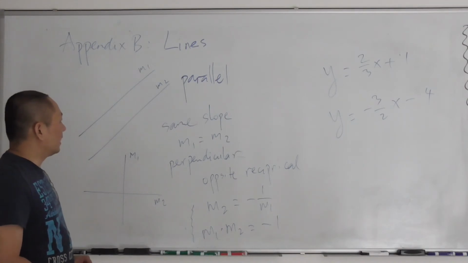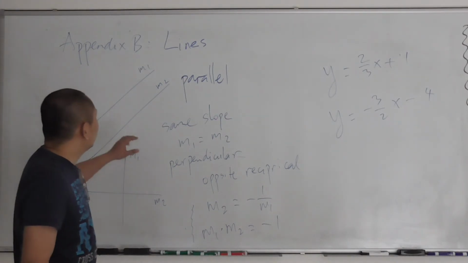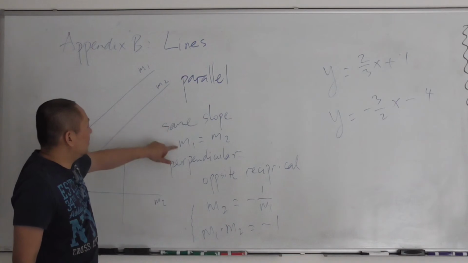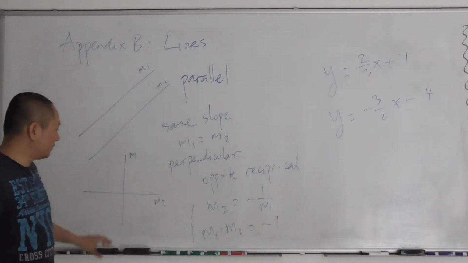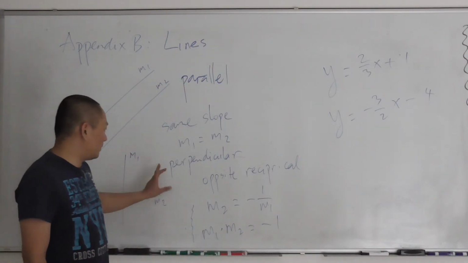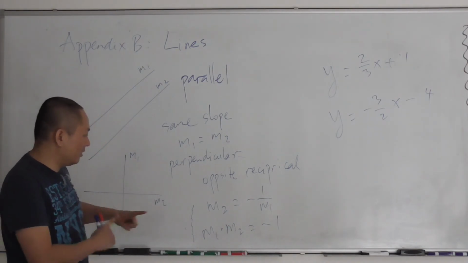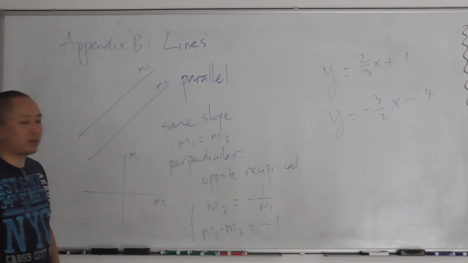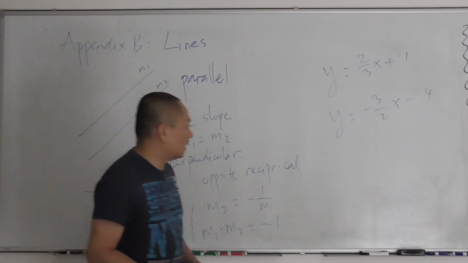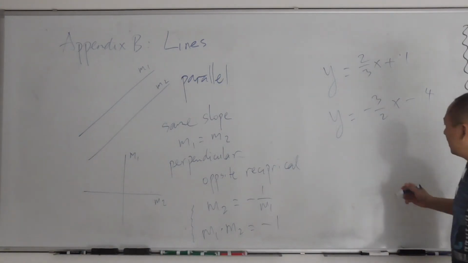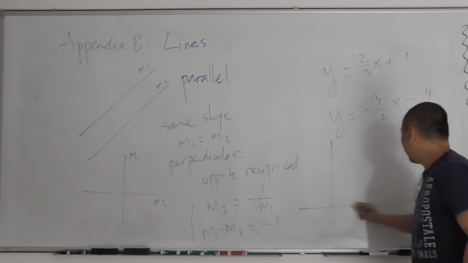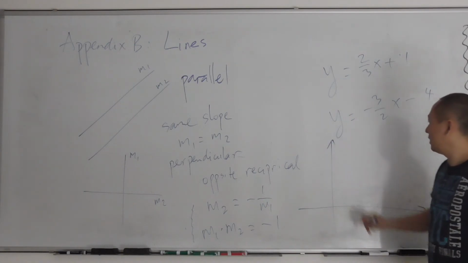If we have two lines, they are parallel only if the two slopes are equal. They are perpendicular, at a 90-degree angle, if the slopes are opposite reciprocals.